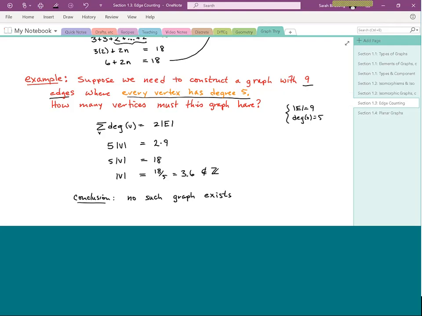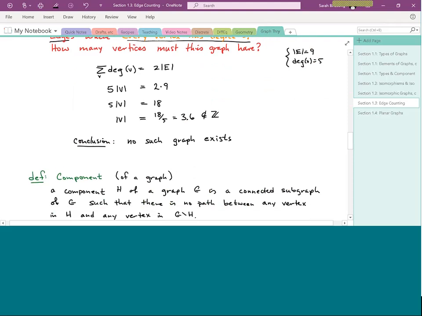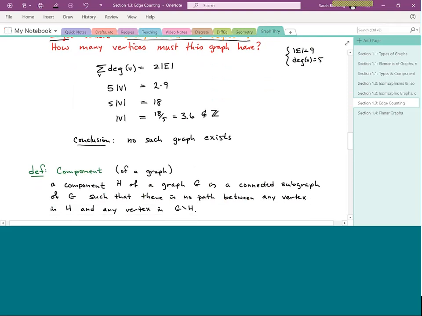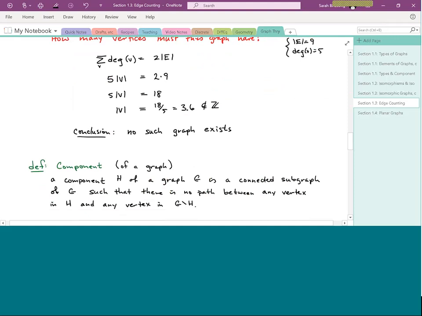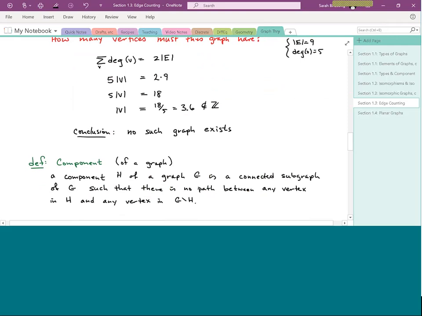All right. So moving on. The next thing feels unrelated, but we'll put it together in just a second. It's essentially the tie-in of some of the things that you can do with this edge counting. So this is dealing with the component of a graph. I can't remember if I gave you the formal term yet, but we've definitely dealt with this before.